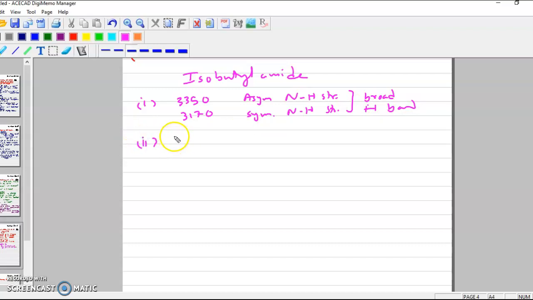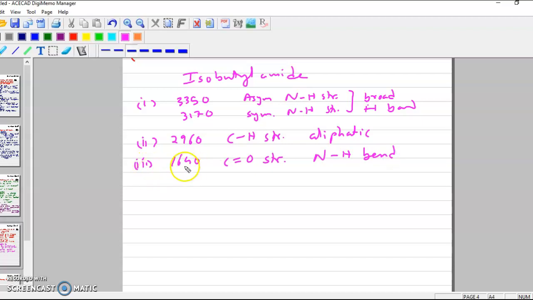The second band is at 2960, which is due to CH stretching, and again it is aliphatic because it is less than 3000. Okay, the third one is at 1640 centimeter inverse. It is because of C double bond O stretching, and that can be because of the NH band also.